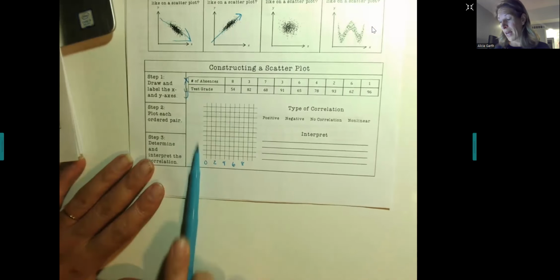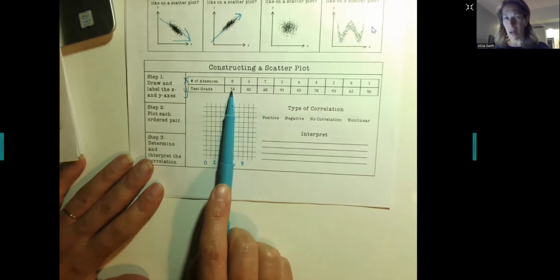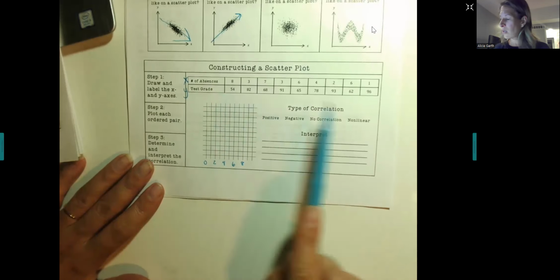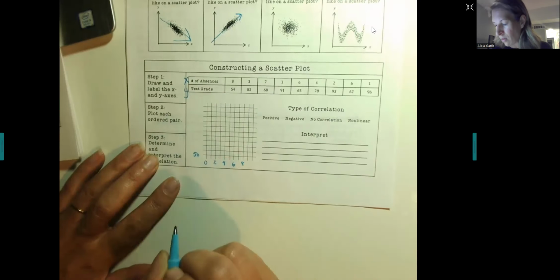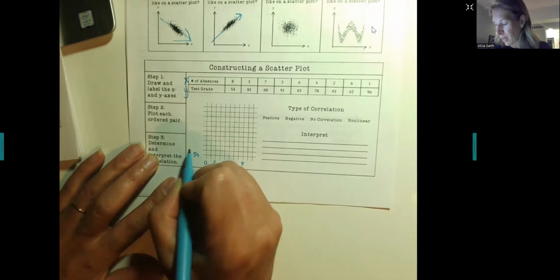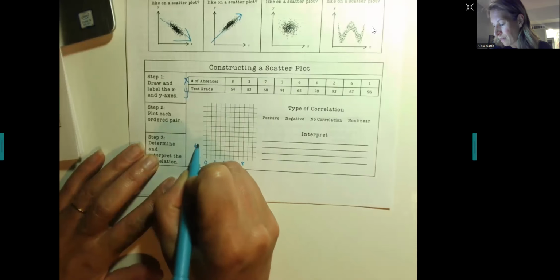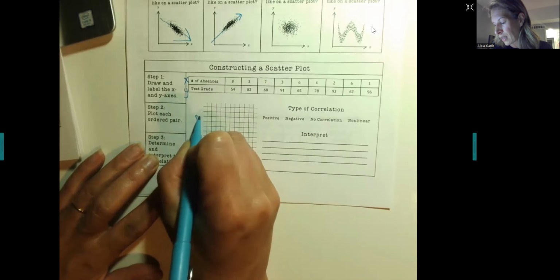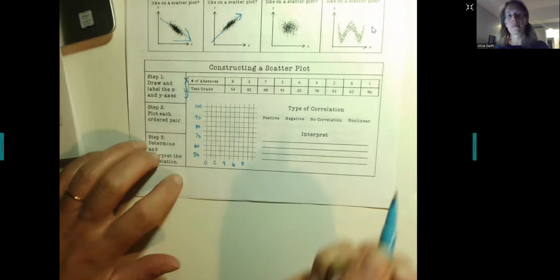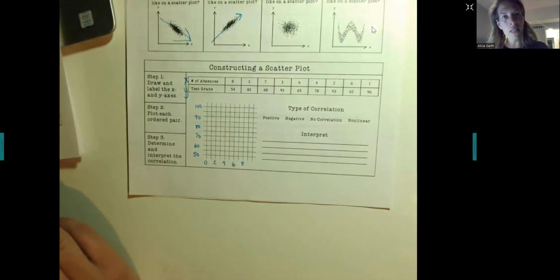Then our y-axis has to go from about 50 to about 100. So I'm going to put 50 at this bottom line, then 60, 70, 80, 90, and 100. Again, I'm skipping the 5s because I don't have enough room to write those.